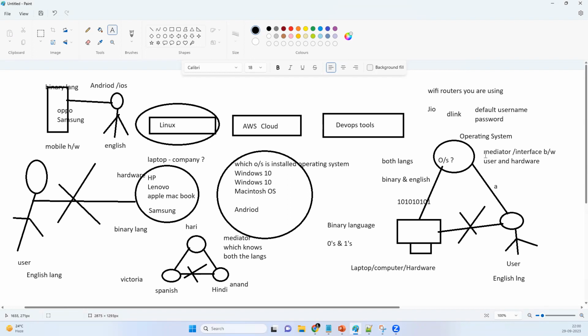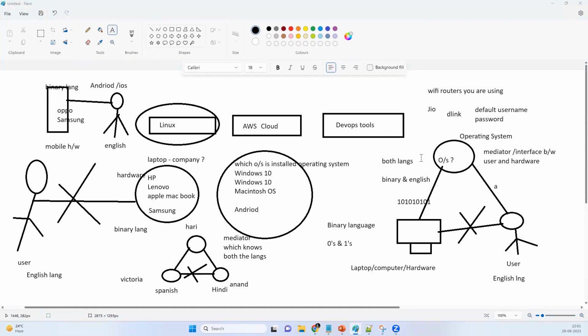So, operating system is nothing but a mediator or interface between user and hardware, user language and hardware language. Are you able to see my screen? So here is the meaning of an operating system. Operating system is a mediator or interface between user and hardware.